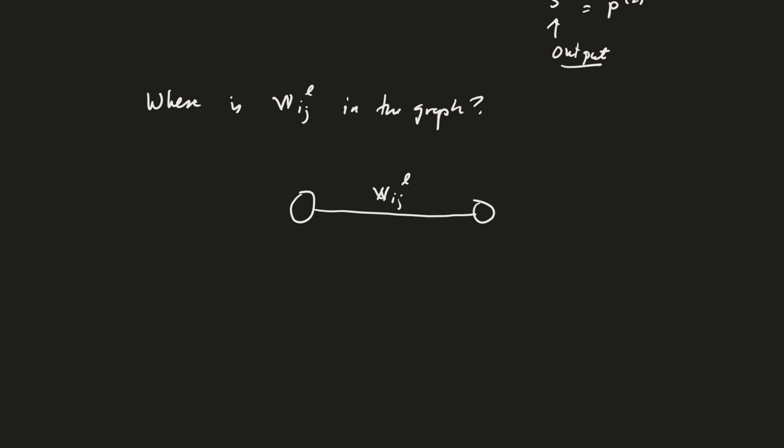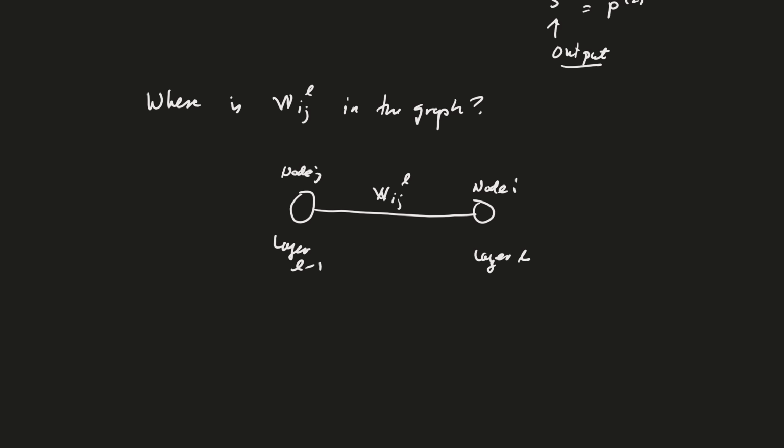Which node is which? This is node j, and this would be node i. And this would be layer l, that's the layer l, and layer l minus 1.